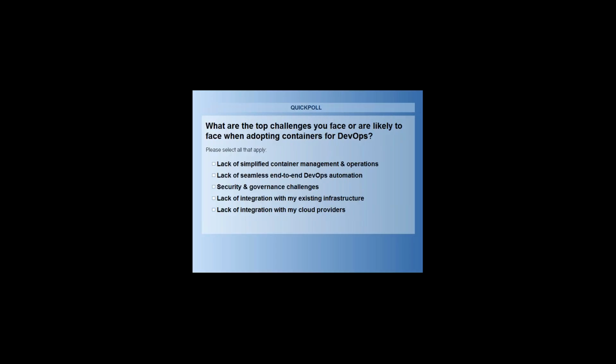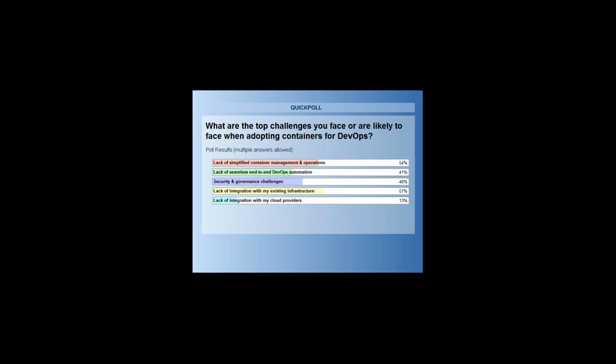We'll do about 5 more seconds here: 5, 4, 3, 2, 1. It looks like the top 4 were certainly pretty close to each other, but lack of integration with existing infrastructure and lack of simplified container management and ops were the leaders. But all the top 4 are pretty close.